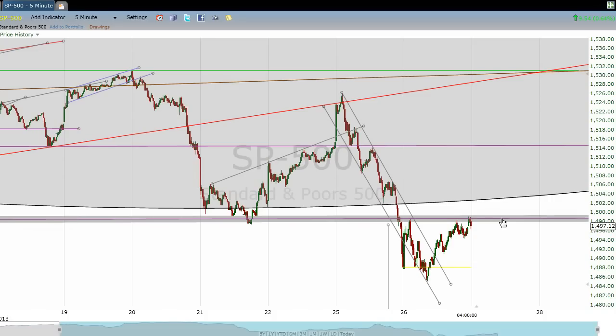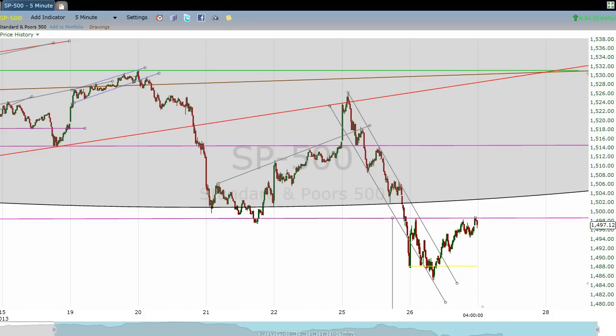But we still have not violated that neckline by 1%. Even with the move that we had today, very close, with the day's low being, come on, come to me, tool.